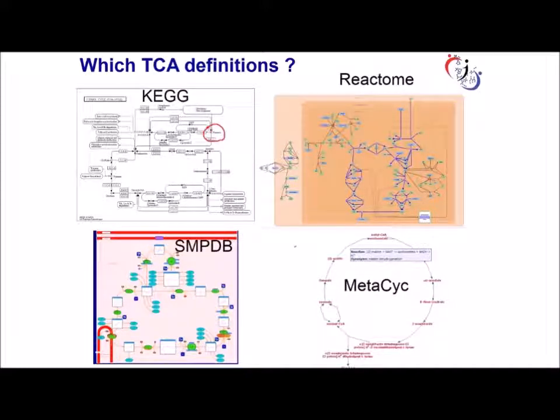And this suggests that pathway definitions, even for well-known pathways, vary from one database to another, and therefore p-values calculated using these definitions will be different because of the use of a different pathway database.